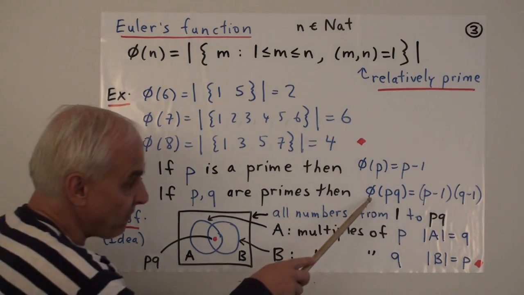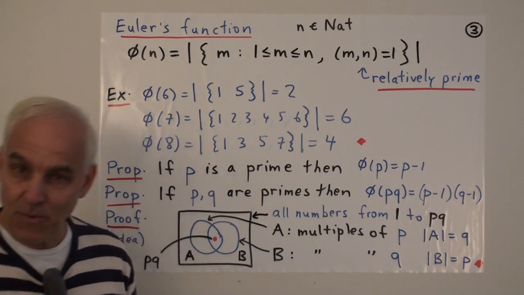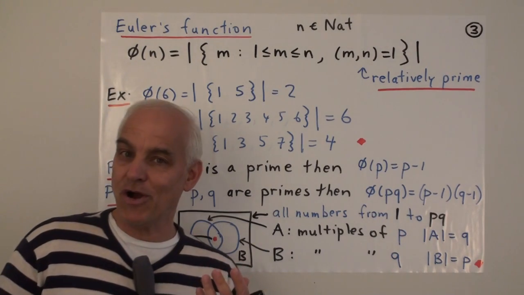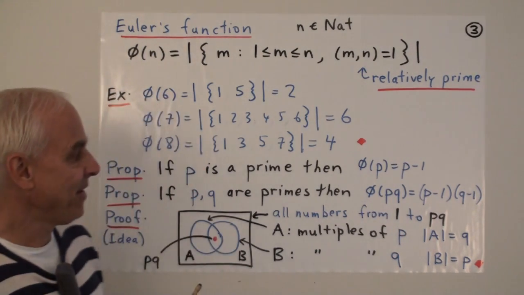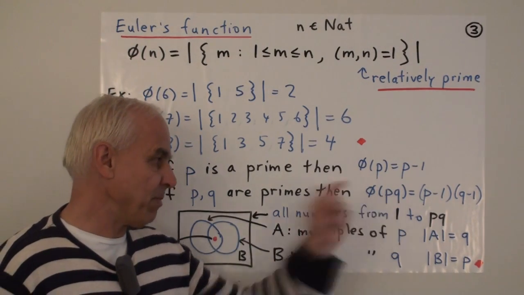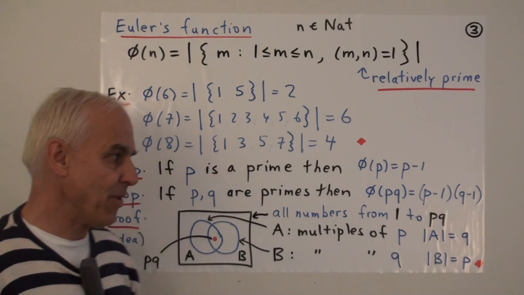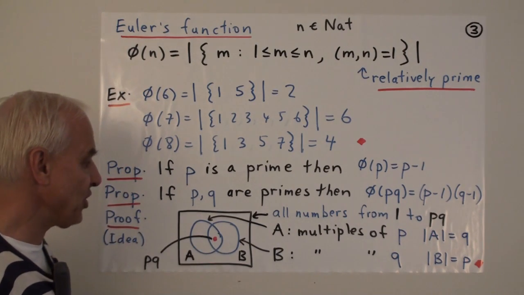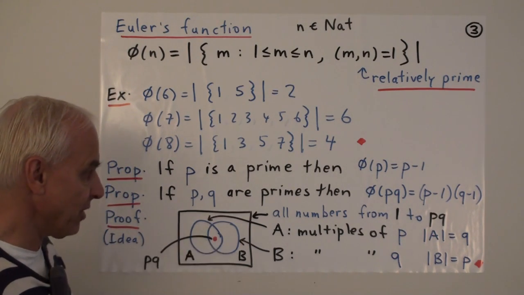And so if we want phi of P times Q, we want to count all the numbers which do not have a common factor of P or Q with P times Q. In other words, we want to take P times Q minus this union.